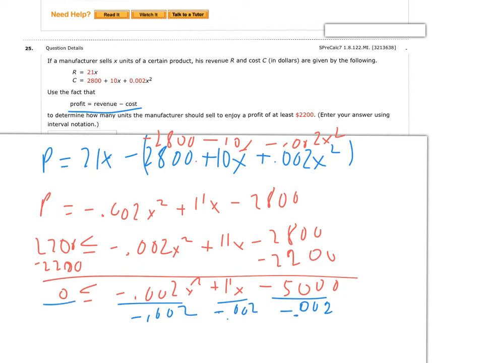Now I do have to divide this by negative 0.002 as well, which seems like it may be insignificant, but it's actually going to flip the sign here, like so, because I am dividing by a negative. I'm going to use a calculator for these other ones here. So 11 divided by 0.002 would be 5,500. I'm going to switch that to a negative, and then this last one will actually switch to a positive. And that's going to be 2.5 million.